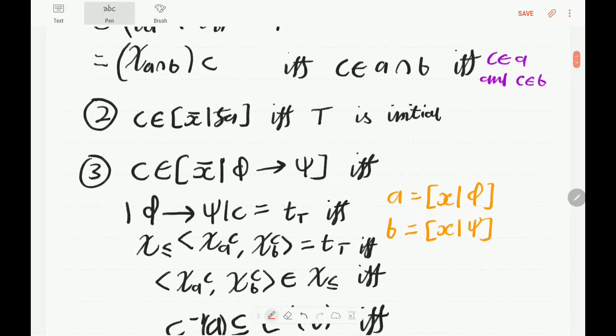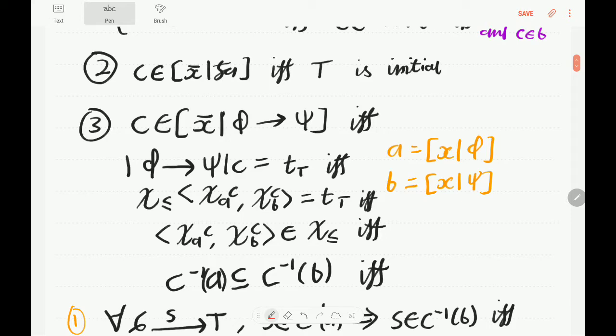Okay. So let's go through the logic of this. C is in the extension of phi implies psi if and only if the interpretation of phi implies psi after C is setting everything to true, if and only if chi of less than or equal to of chi A of C, comma, chi B of C is true, where A and B are like this.